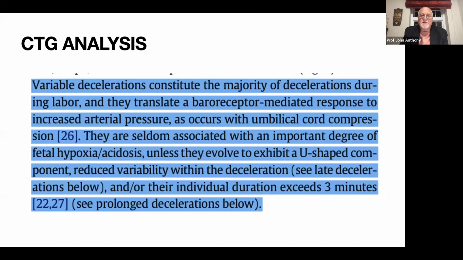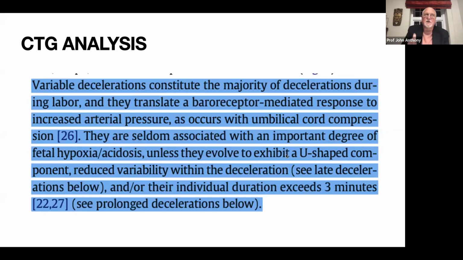They are the majority of the decelerations you see in labor, and they reflect a baroreceptor-mediated response to increased intra-arterial pressure in the fetus, such as may be caused by umbilical cord compression. On their own, they are seldom associated with any important fetal hypoxia and acidosis, unless they've evolved to exhibit other features.